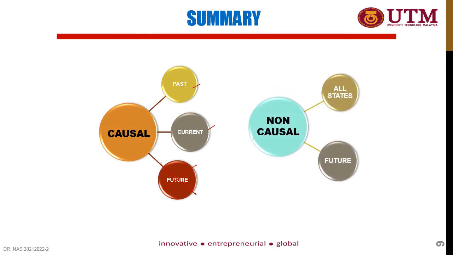For a non-causal system, when you have any future values, either past plus future or current plus future, the system is non-causal. And when it involves all states, since there are future values in the equation, automatically it is a non-causal system. Okay, thank you.